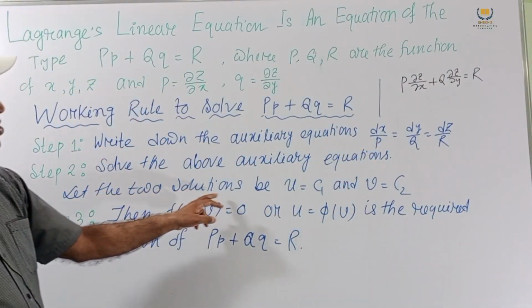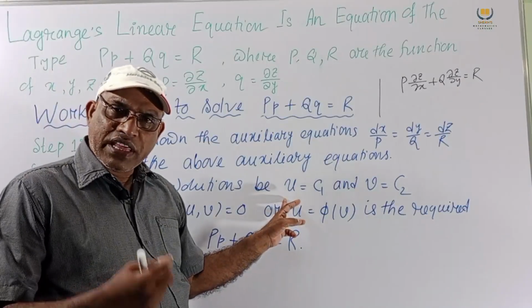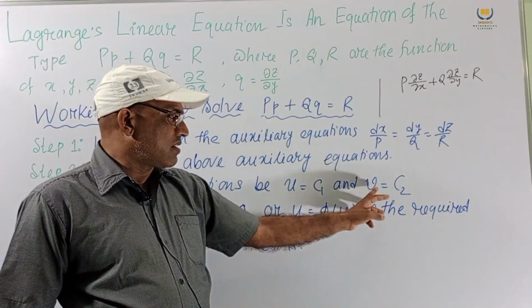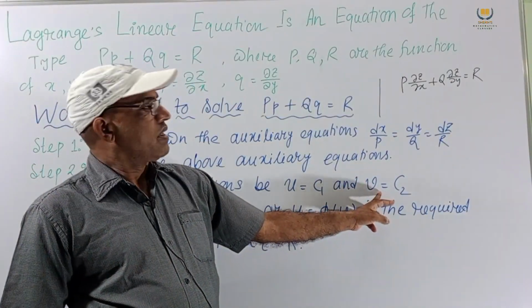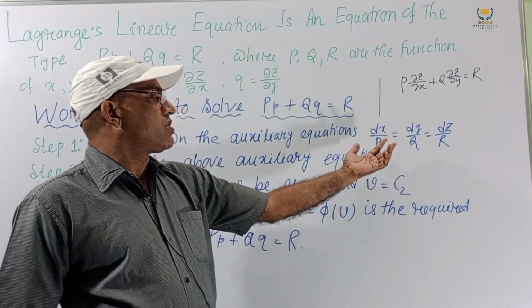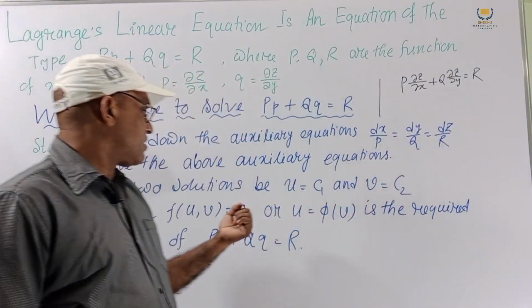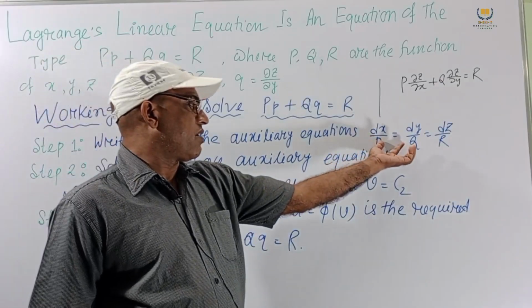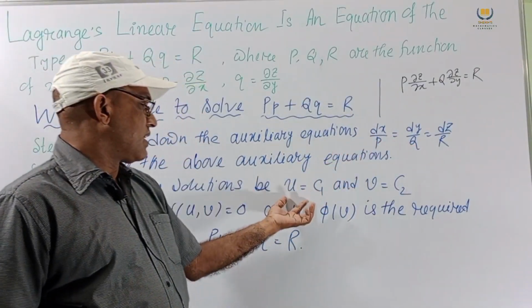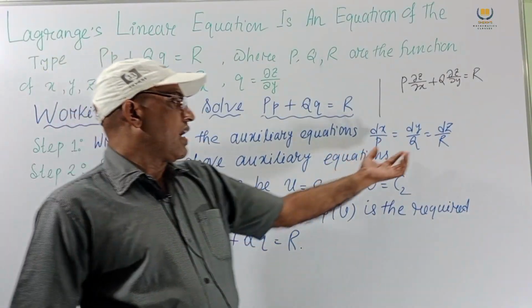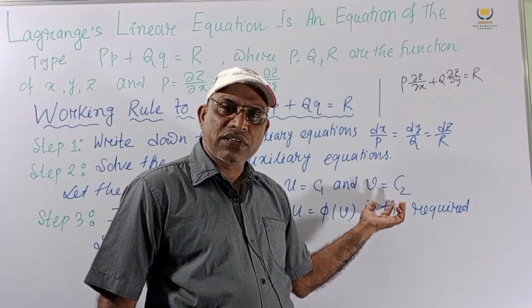Let the two solutions be u = c1 and v = c2. First we consider this pair, next this pair. From the first pair we get u = c1, and from the second pair we get v = c2.